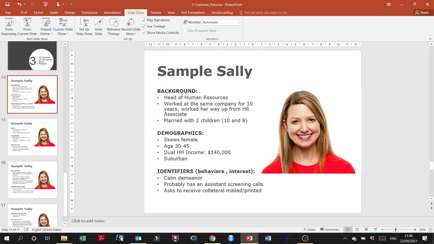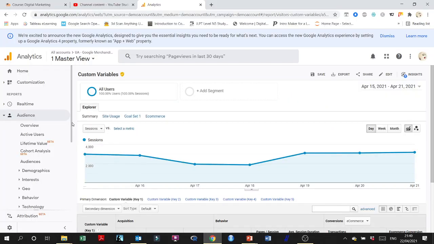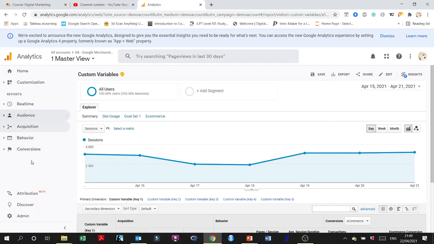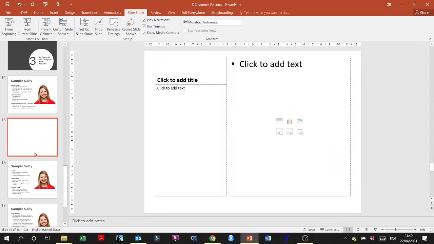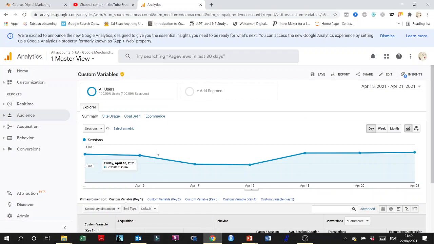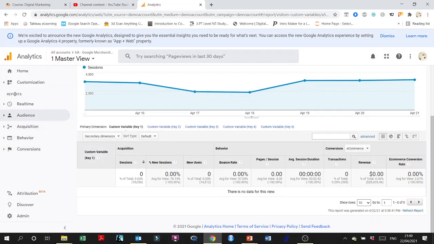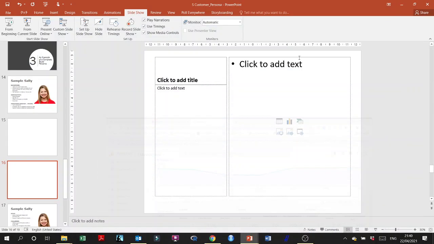slide about different background, demographics and behaviors or interests based on information and data you're getting from Google Analytics. I would like you to kindly add here a couple of slides, maybe two slides are enough, and copy and paste a snapshot of the areas on the analytics where you got the information.